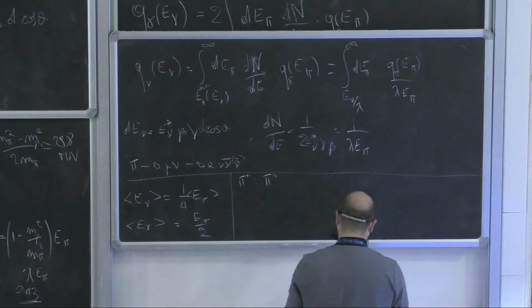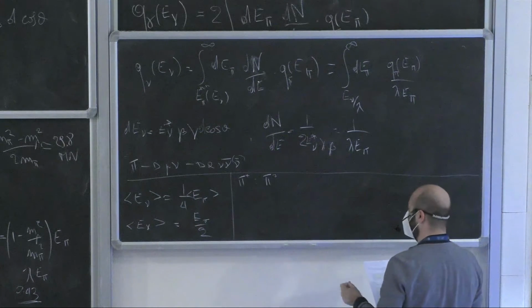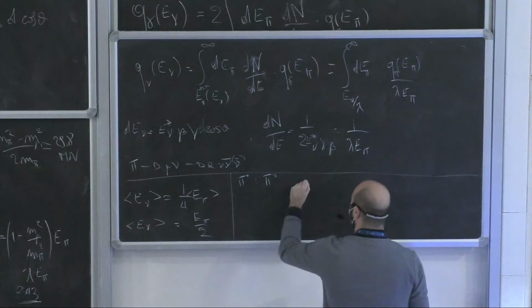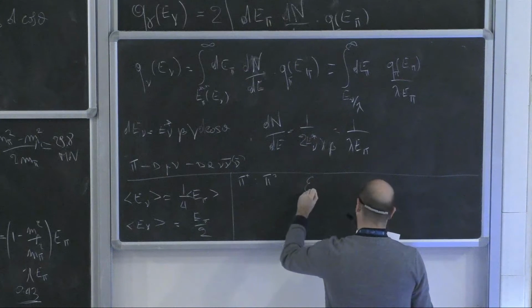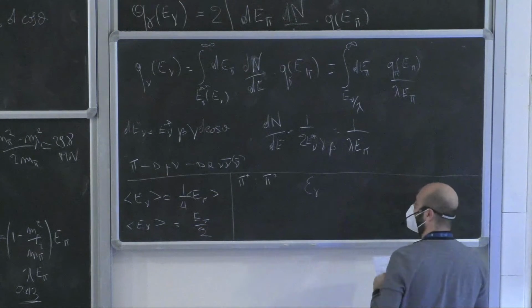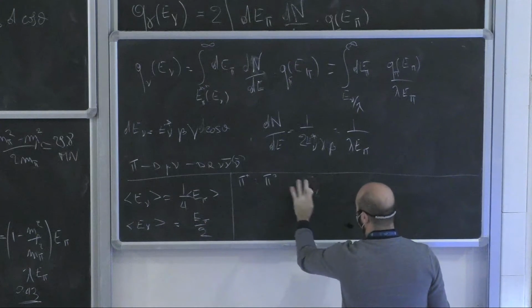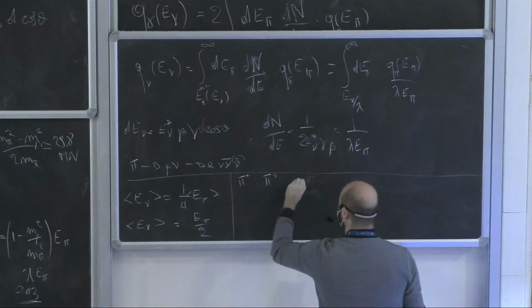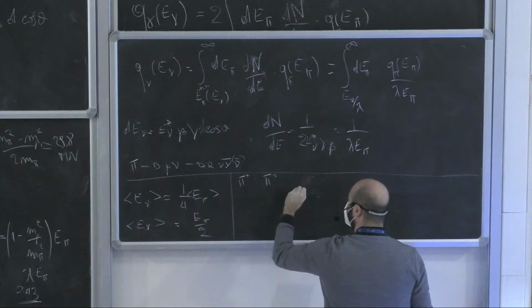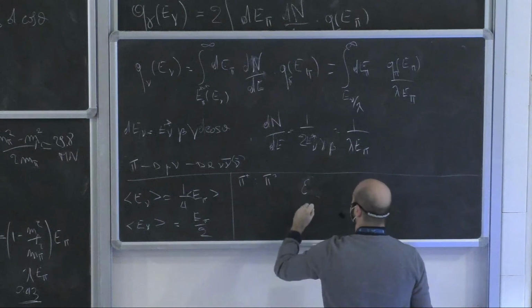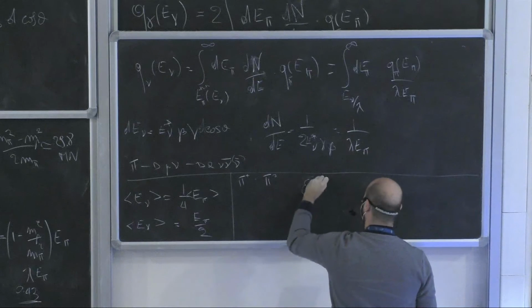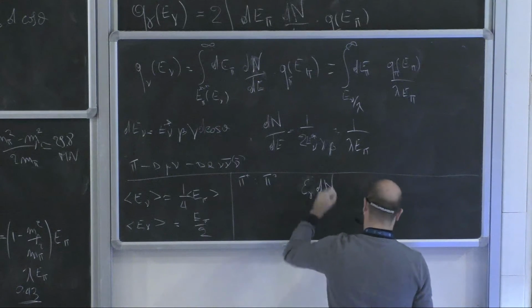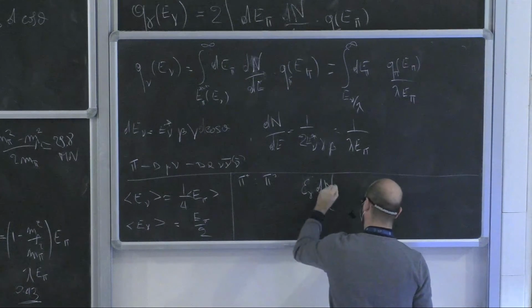So if we want now, there is a link which is the total energy carried by the photons. Let's write it in a more technically correct way. This link is between the energy of the photons times the differential spectrum of the photons with respect to the energy.